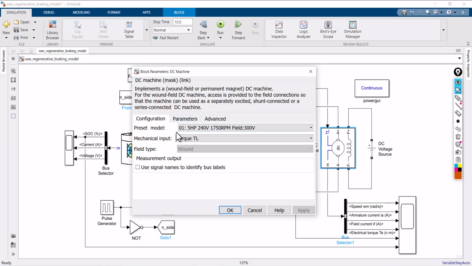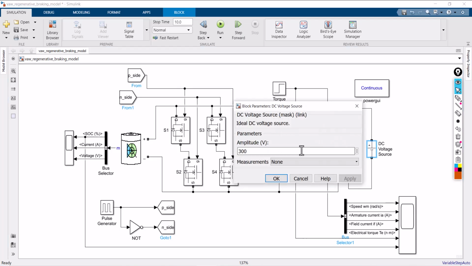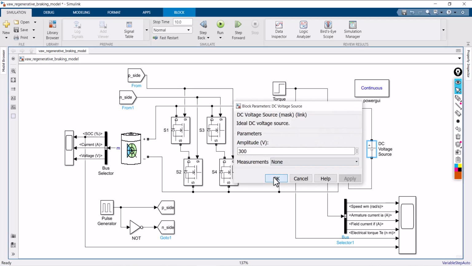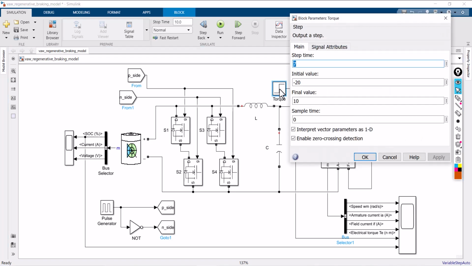I chose preset model 1. The parameters are a 5 HP machine, 240 volts, 1750 RPM and 300 volts. For the excitation, I'm going to use 300 volts DC in the field. Then go to torque: I'm starting from minus 20 and that value changes at exactly 7 seconds from minus 20 to 10.